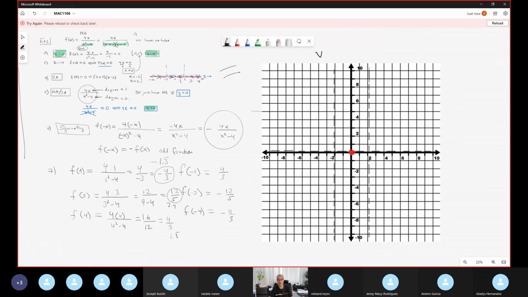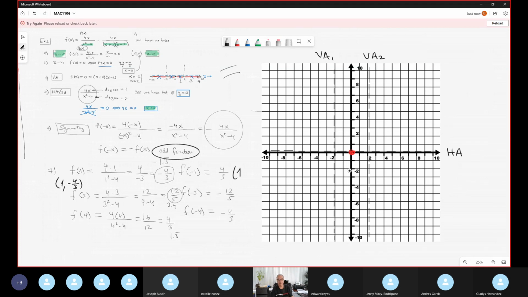We have vertical asymptote 1, vertical asymptote 2, and the horizontal asymptote, only one, is unique. It's an odd function. And the points are 1 comma negative 4 over 3.